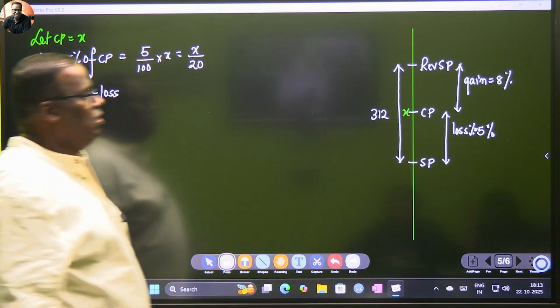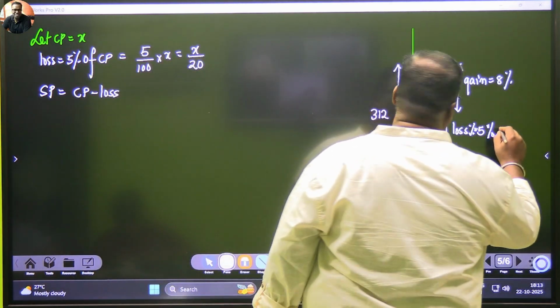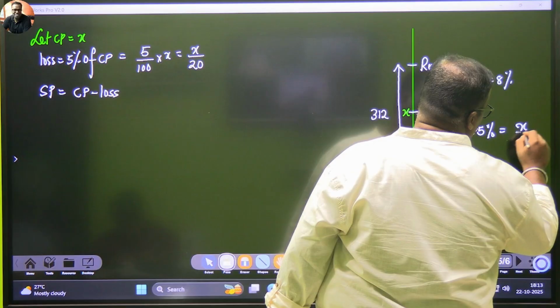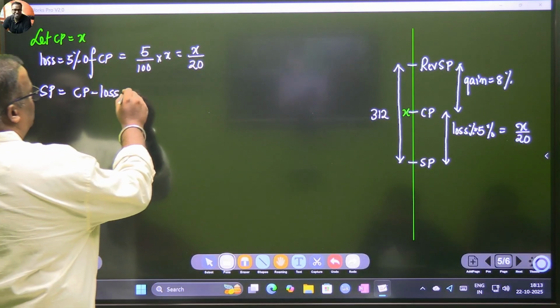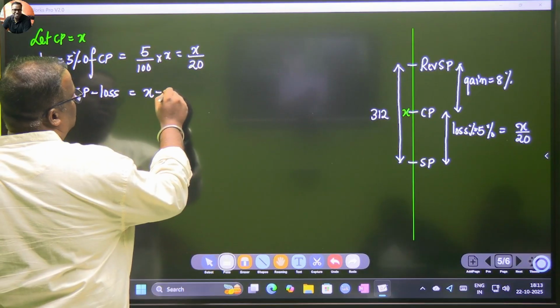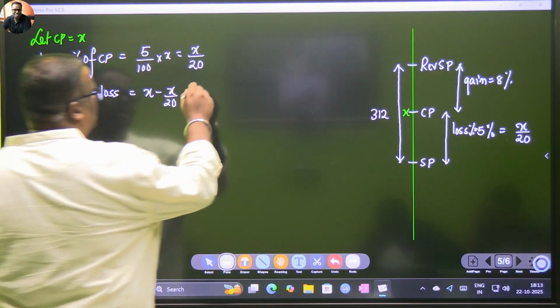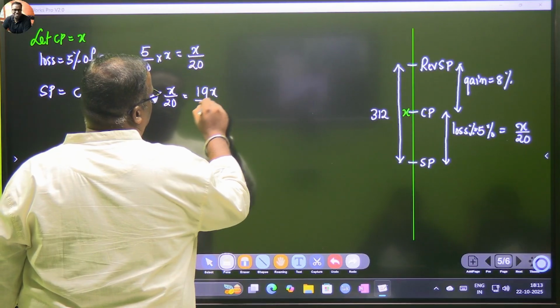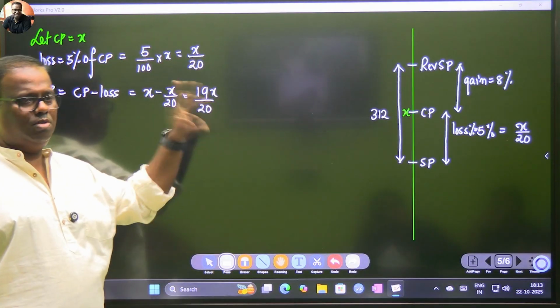This loss is X by 20. So your selling price will be X minus X by 20, which is equal to 20x minus x, that is 19x by 20. We'll finally get the value of x and use it in this formula.